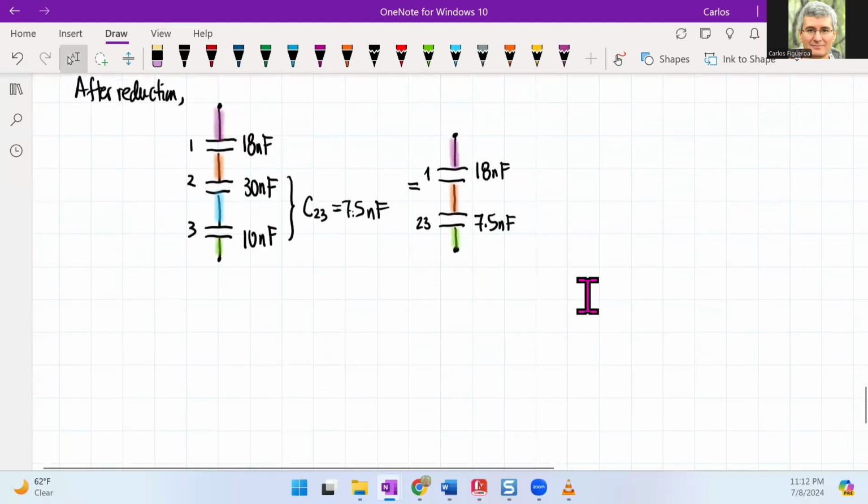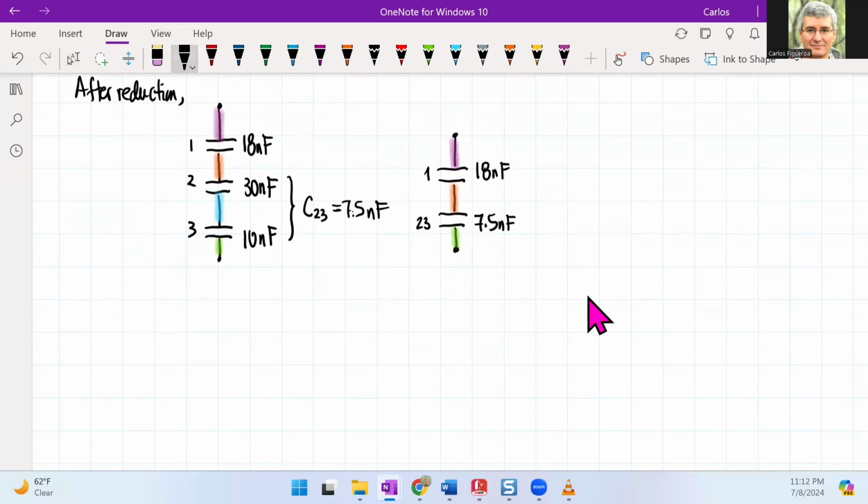If I repeat the same process, what that tells me is that now I can do this combination. If I look at the capacitance of 1, 2, 3, this is going to be the capacitance of 1 times the capacitance of 2, 3, over 1 plus 2, 3.